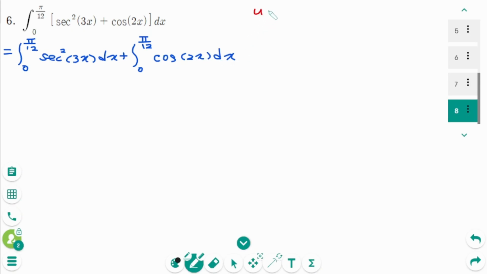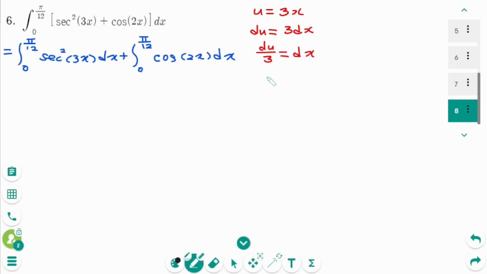Let u equal 3x, then differentiate each side: du equals 3 dx. Then divide by 3 on each side: du over 3 equals dx.